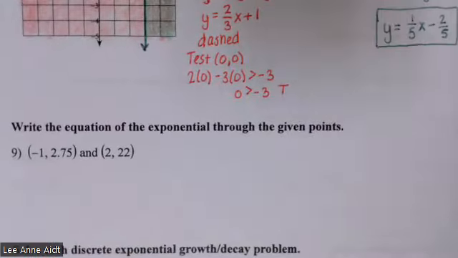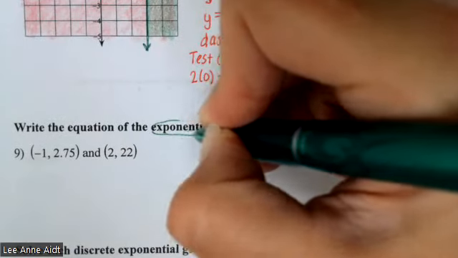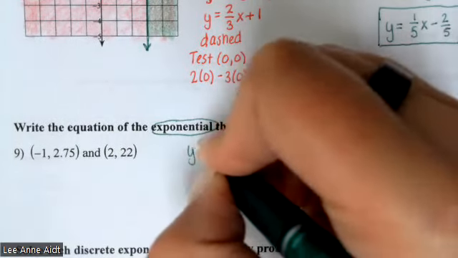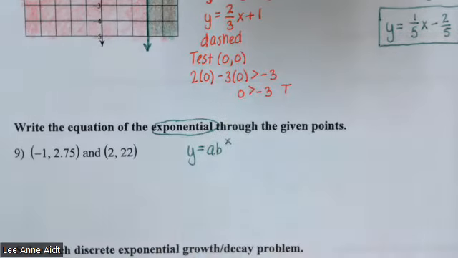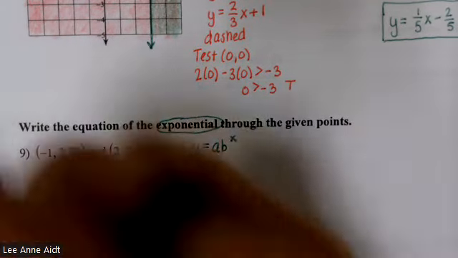Okay, number 9. Write the equation of the exponential. Okay, so exponential means y equals ab to the x, and we do the table method.